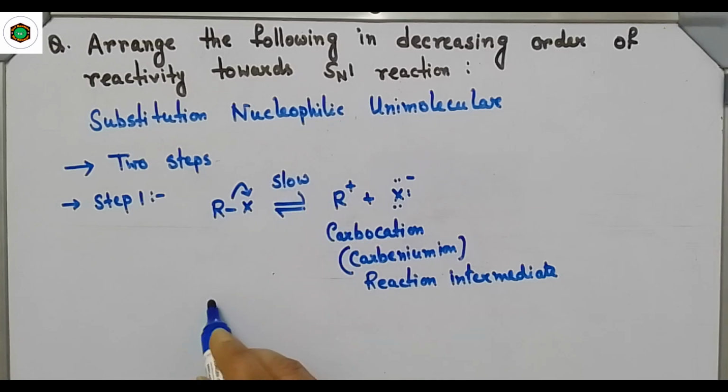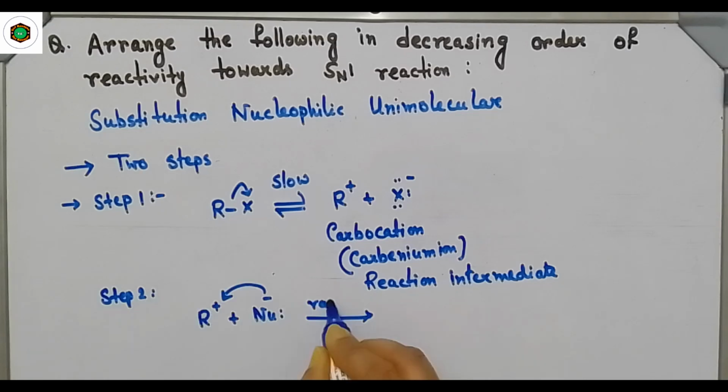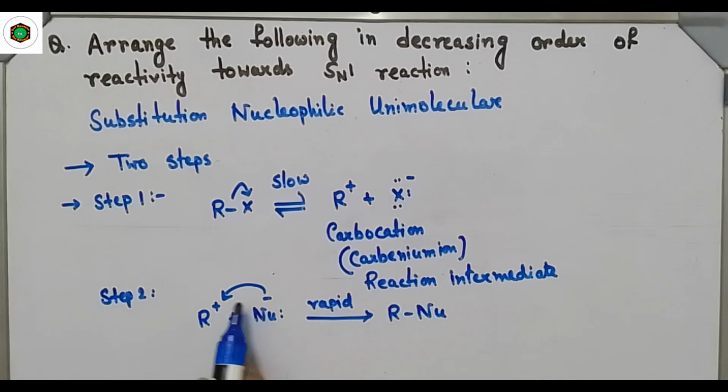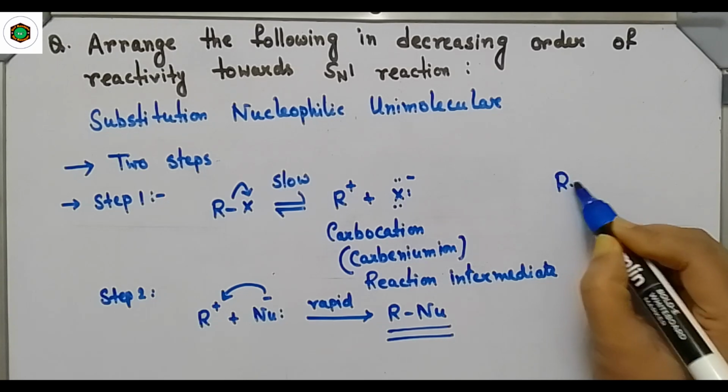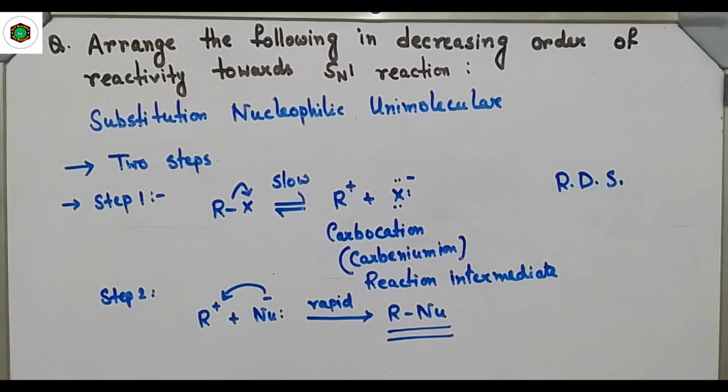And at the second step, step 2, this is the rapid step. The incoming nucleophile attacks the carbocation and the product is formed. So this is a 2 step reaction and the first step is the slowest step, so it is the rate determining step.